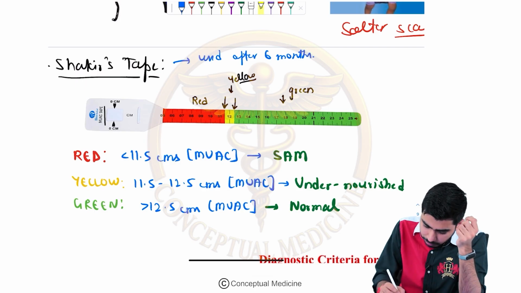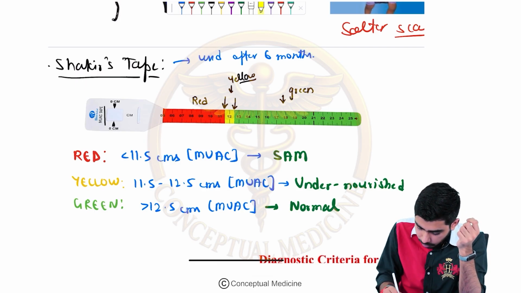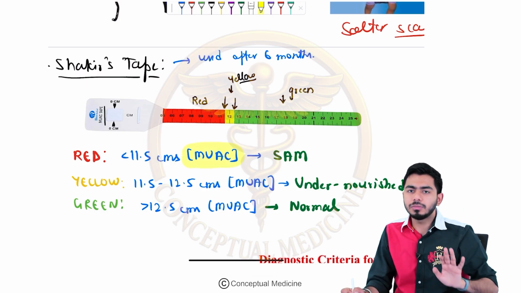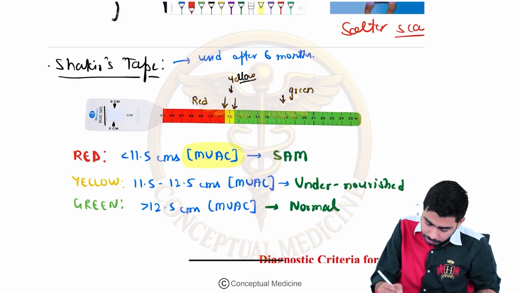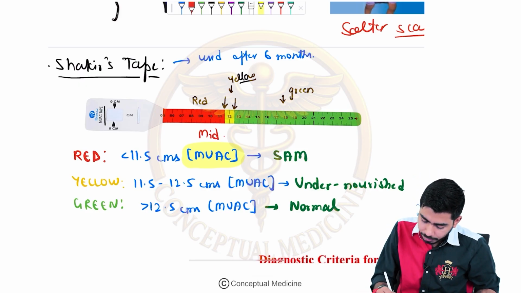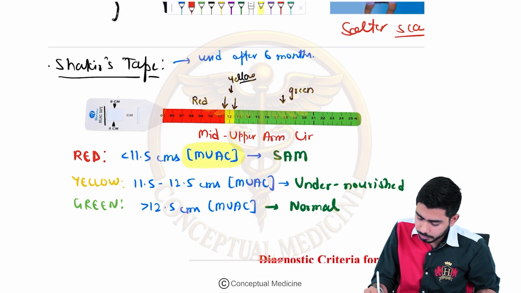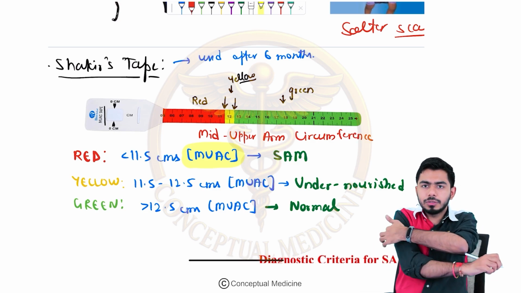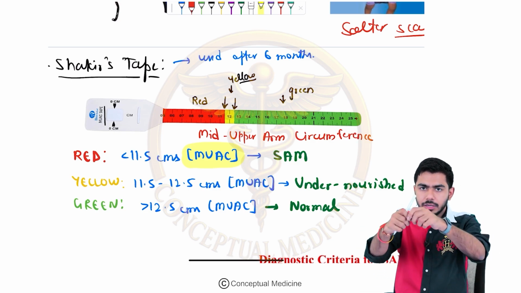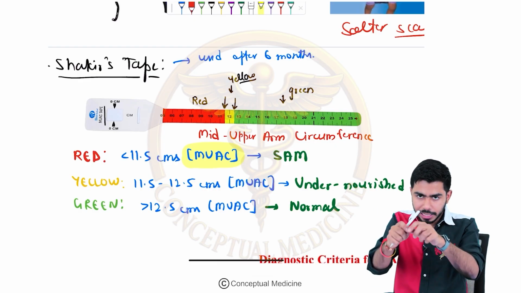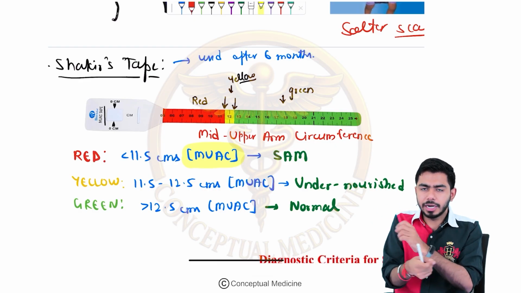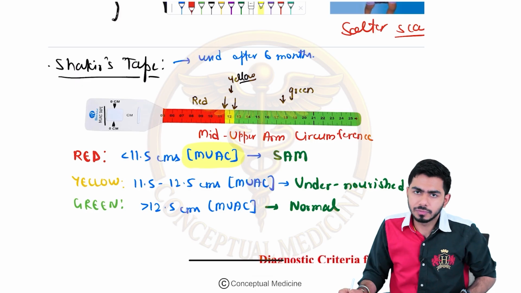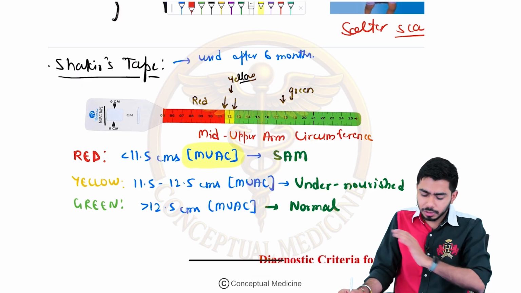It is talking about the MUAC, the mid upper arm circumference. Please do not forget that. I am writing it as well. This is checking this particular area. It is a tape like an inch tape, and they will be measuring the mid upper arm circumference over here, mainly the triceps area.